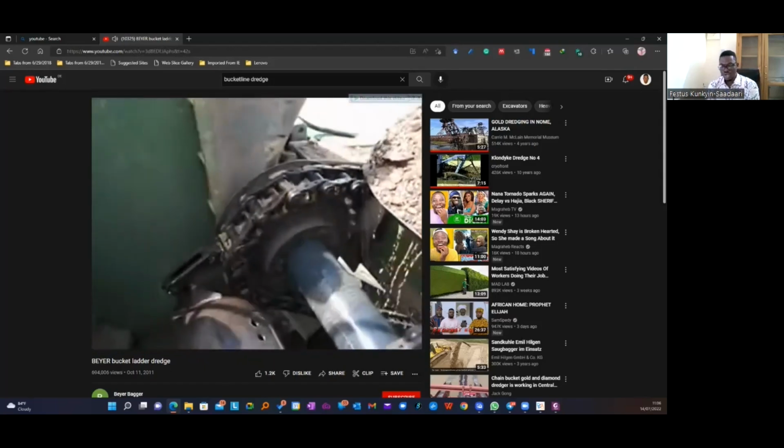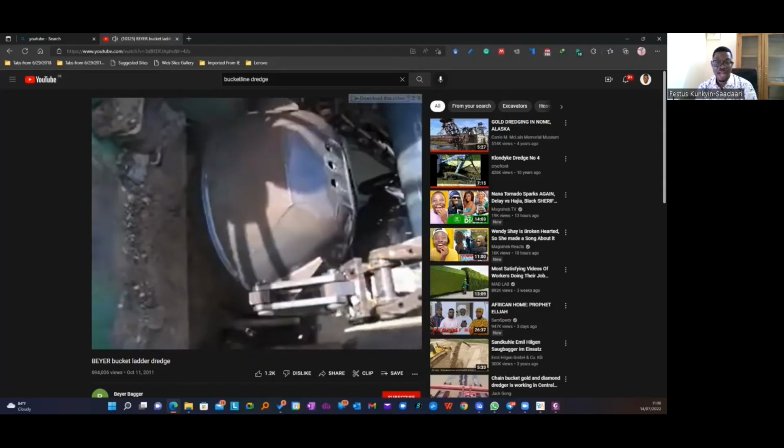You can find a number of these on the internet to see and admire how they operate. This one has buckets in it. The bucket goes down the water, scoops the material and climbs a ladder. They call it a bucket ladder because the buckets of the machine are arranged in the form of a ladder.